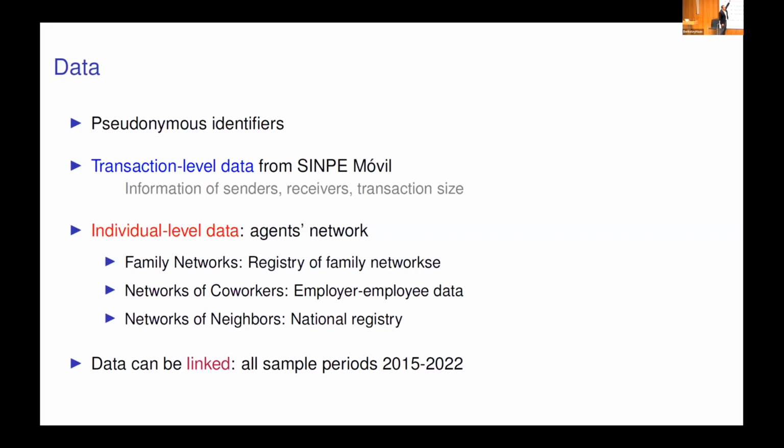The data from this app, we're going to link to a bunch of other individual level data sets: family networks, networks of coworkers from employer-employee data, and neighbors from the National Registry. People in Costa Rica have a unique identifier. It's anonymized, but it can be linked. So we have the universe of transactions for the whole sample period of the app, and we can construct networks.